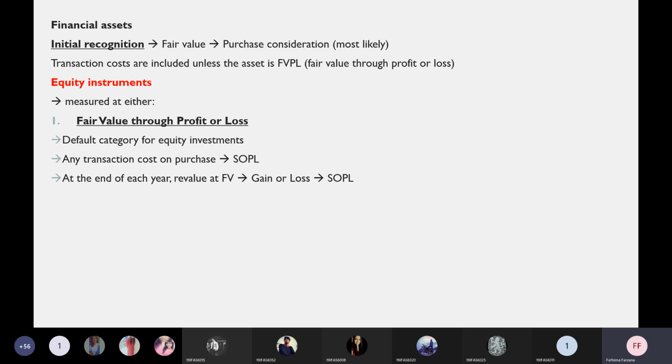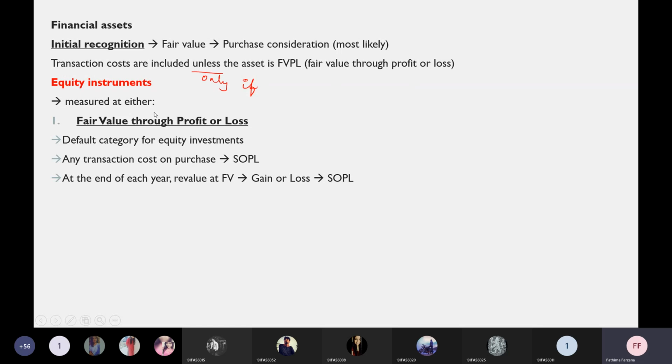Unless the asset is FVPL means, because that English is also different here, it's a book one, I didn't write on my own. The transaction costs are included only if the asset is FVPL. Clear? That will be clear, I guess. Only if the assets are valued at FVPL, that is fair value through profit or loss.